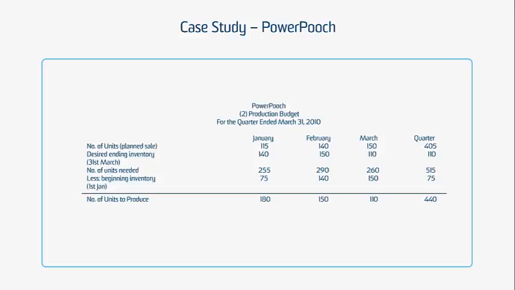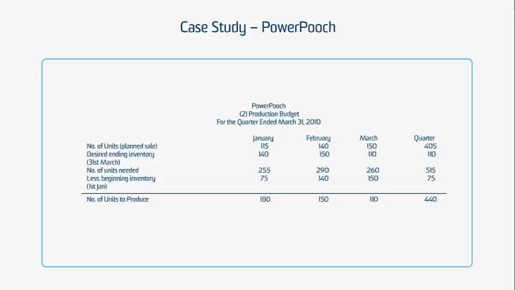We had 75 in January, then February's beginning is January's ending, so 140. The same pattern for March, the February ending becomes the March beginning, 150. Then the quarter's beginning is January's. We then minus that beginning inventory and we've got the number of units to produce.